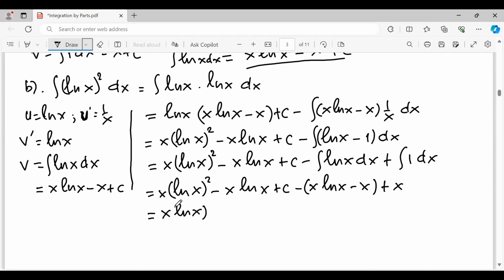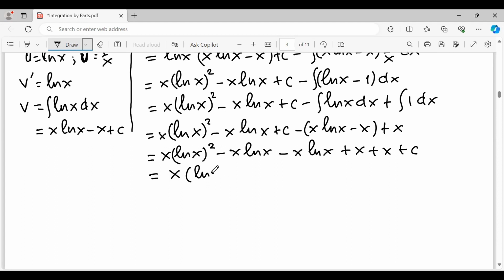So x ln x squared minus x ln x minus x ln x plus x plus x plus c. x times ln x squared minus 2x ln x plus 2x plus c.